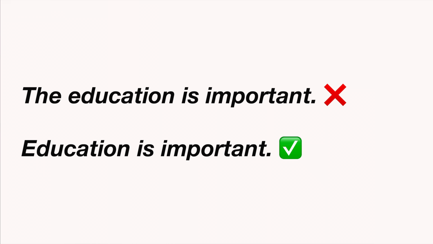So zero article. Or "cars are expensive." It's not that a particular car is expensive. This sentence means all cars are expensive. So zero article. And it's very common to see someone write "the education is important." No, the correct form is "education is important." So remember, you should also learn when not to use an article, or use zero article.